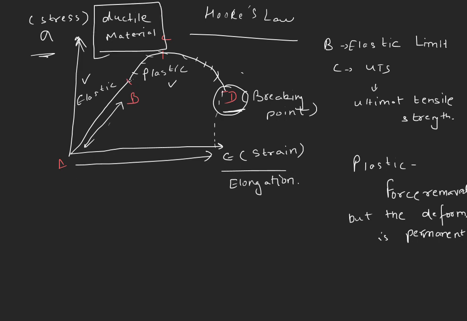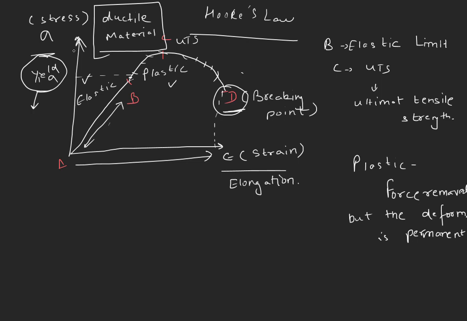There is a point here also, the yield point. This is the stress at yield. We will have a look at this yield in a separate video because this is a major topic in this stress strain curve. But we'll currently focus on these points B, C, and D. This is UTS.